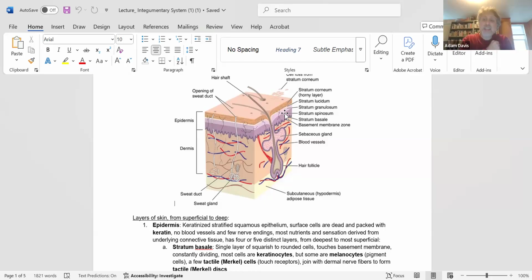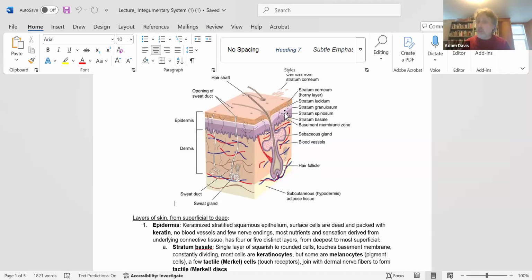Furthermore, and this is where things get interesting, we call it the stratum granulosum, the grainy layer, because the cells in this layer, if you look at them under the microscope, look very grainy and spotty. They've begun to develop what are called keratohyalin granules. Grains of keratin have begun to appear within them.